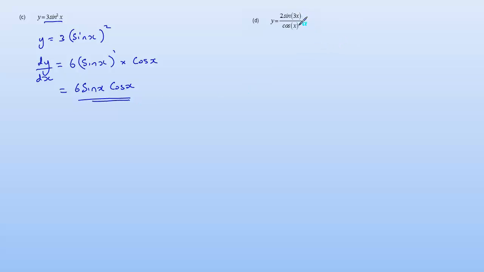Now over here we have a quotient. U is equal to 2 sine 3x and V is equal to cos x. So for du dx we need to use the chain rule again.